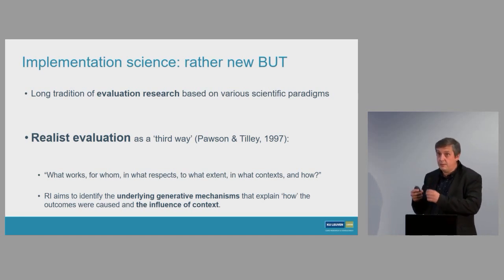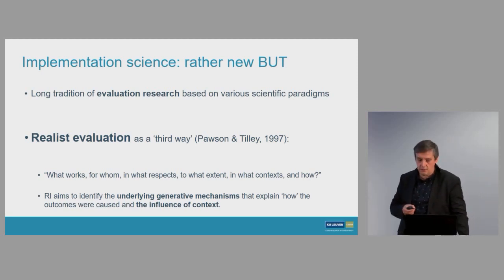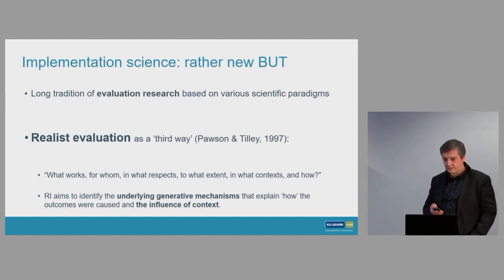So context is very much important. And in a lot of studies, and especially in randomized controlled trial studies, this context is not focused on. The context is almost neglected, while this context plays an important role.